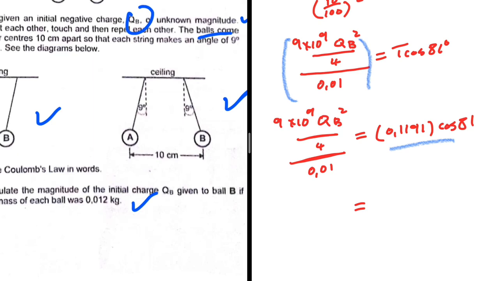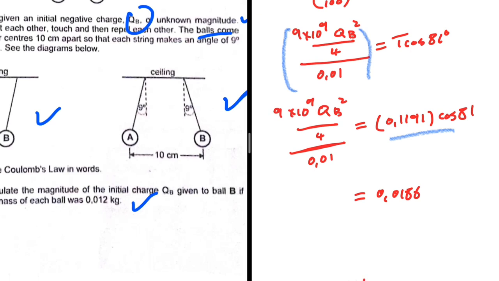My calculator is in degrees. I'm getting 0.0186, and then now let's go back to the left hand side. So in the left hand side, let's change this division to multiplication. How do we do that? We do it in the following way. So we have 9 times 10 to the power 9 QB squared, everything over 4.